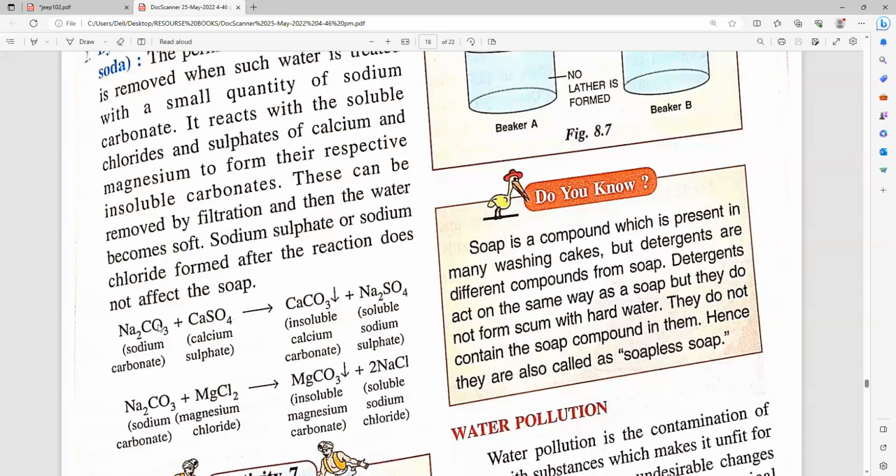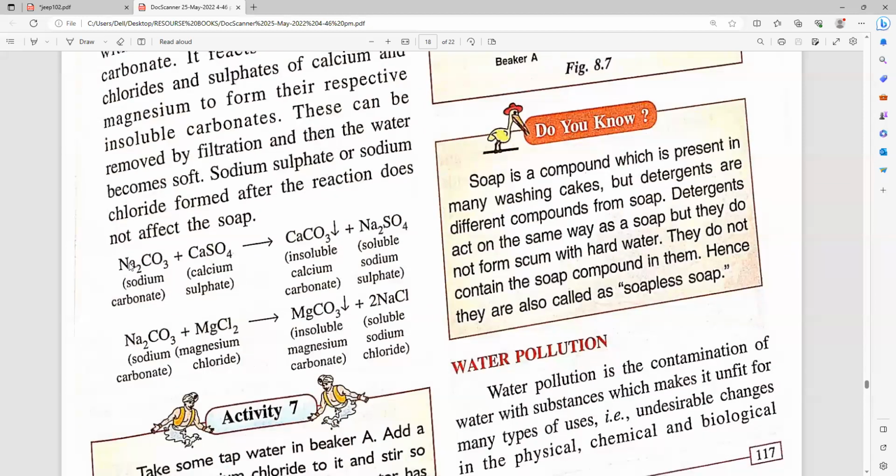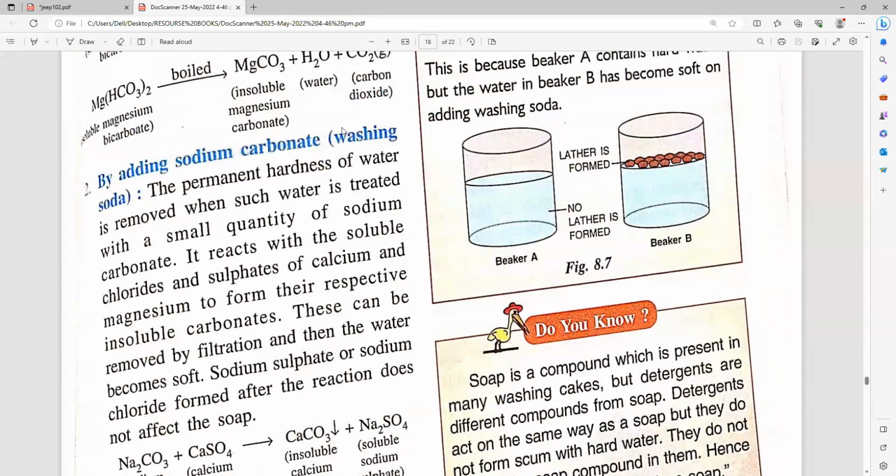Okay, Hari? Please learn, everybody. Even they may ask you this equation also. Learn this equation. It's not by filtration, it's by adding sodium carbonate.